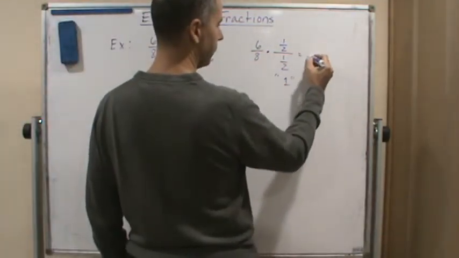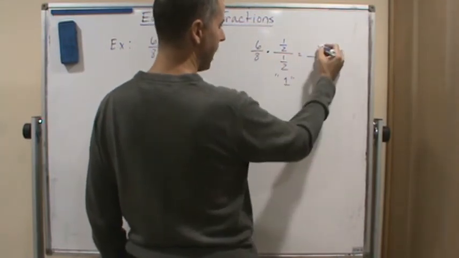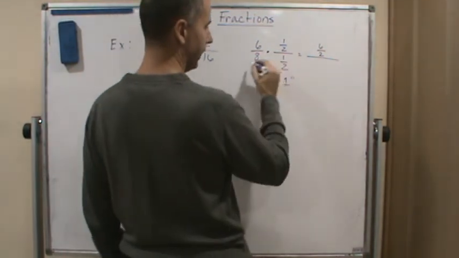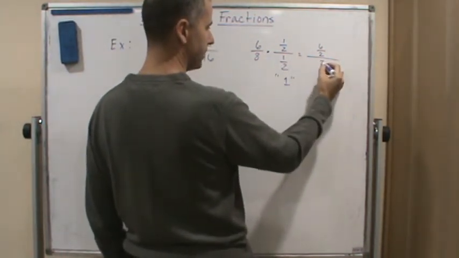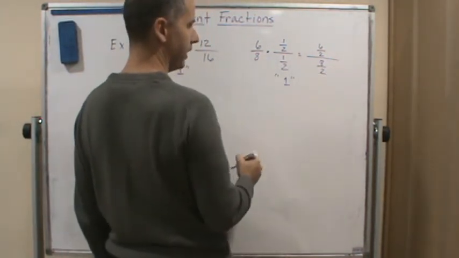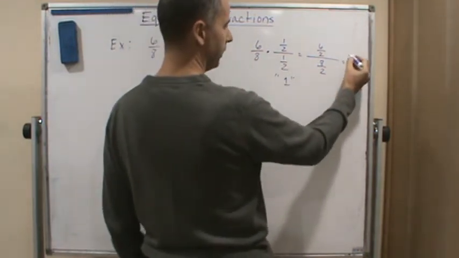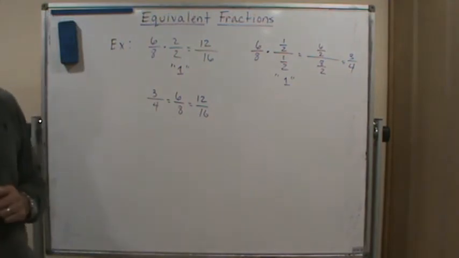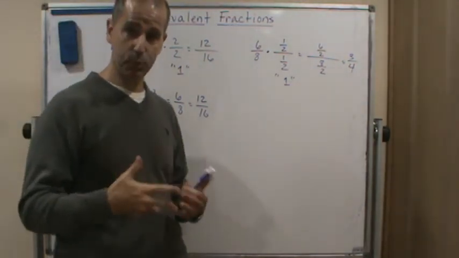This equals, if I multiply across the top, I get 6 divided by 2. And if I multiply across the bottom, I get 8 divided by 2, which gives me 3/4. Okay? So that's another way to look at this principle.